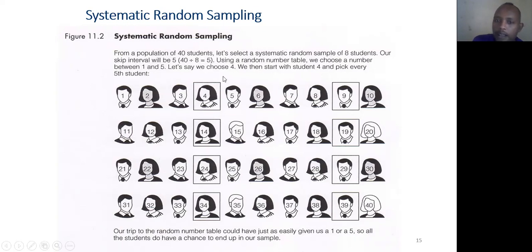Depending on K, we include in our study the 5th one. Already this is selected. Then we start from this. We count from this 1, 2, 3, 4, 5. We include this, the 5th one. To include the next sample, 1, 2, 3, 4, 5. This is also included. Start then from here, like that. We include those numbers as members of our sample.